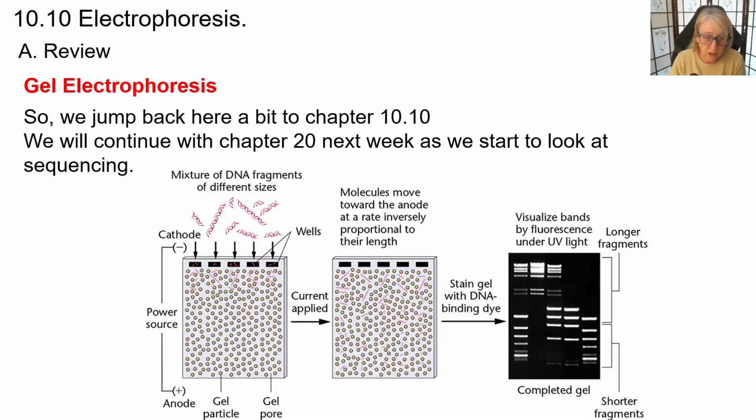We're going to make these gels, and if all goes well, we're going to take the pieces we cut with the restriction enzymes, we're going to insert them into the wells along with our control, and we're going to turn it on. Because DNA is negative, with that negative phosphate group, it's going to move away from the negative side of the electricity.